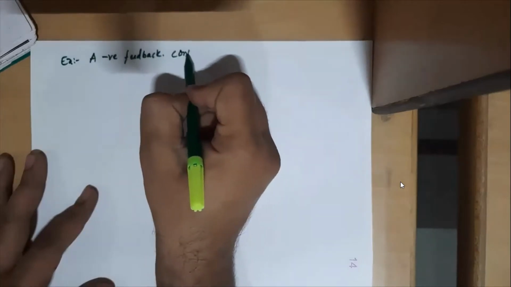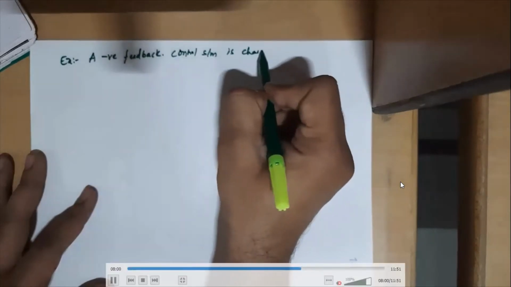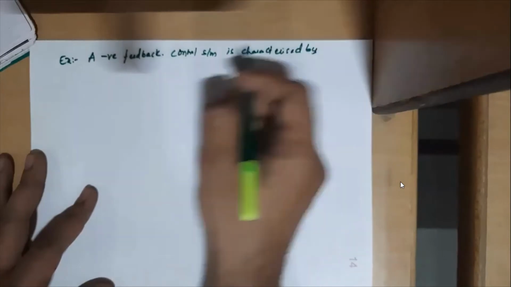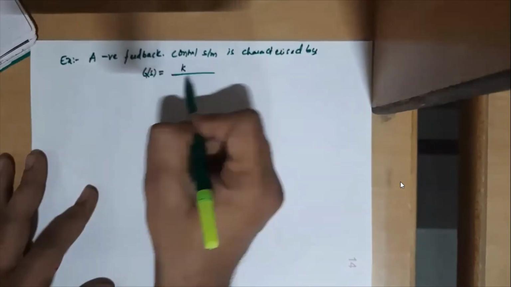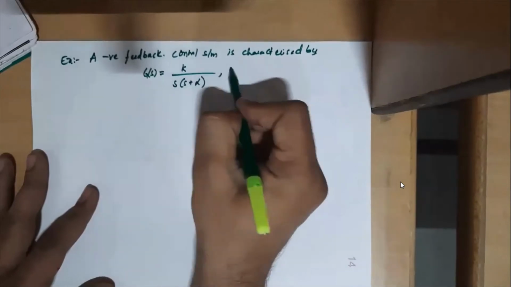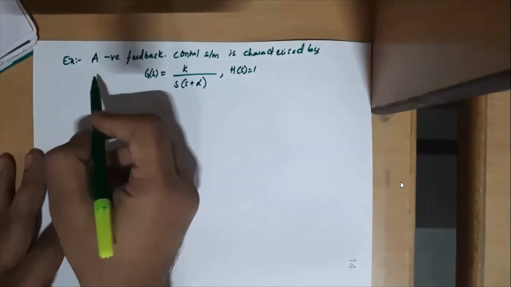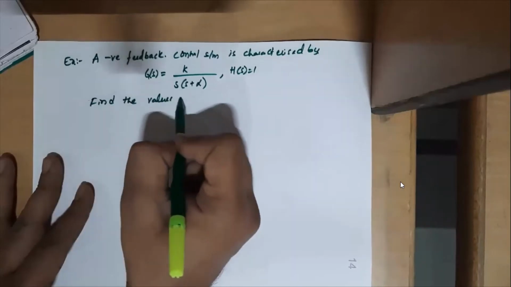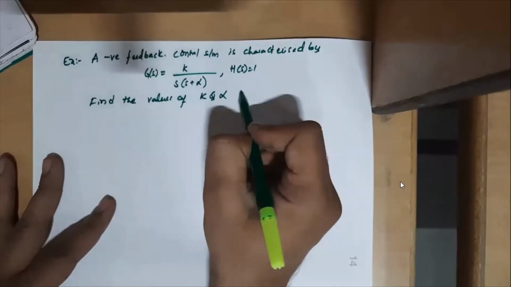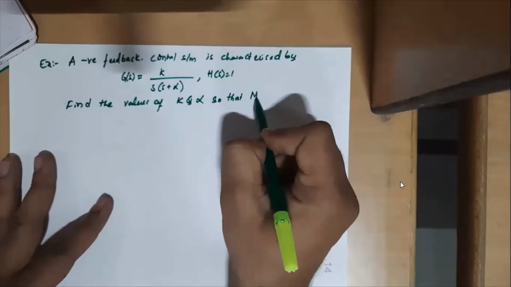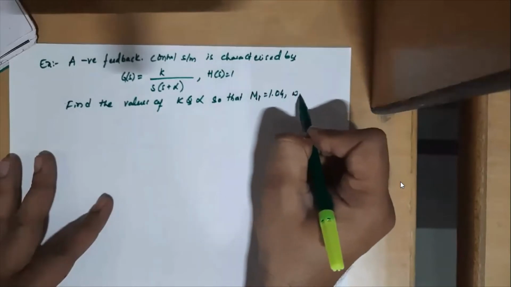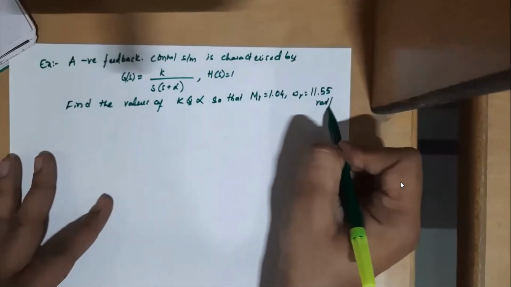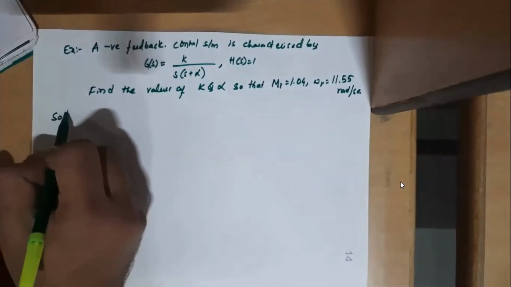So with that, we will solve one simple numerical. A negative feedback control system is characterized by g of s and h of s equal to unity. Okay. Find the values of k and alpha so that Mr is equal to 1.04 and omega r equal to 11.55 radians per second.